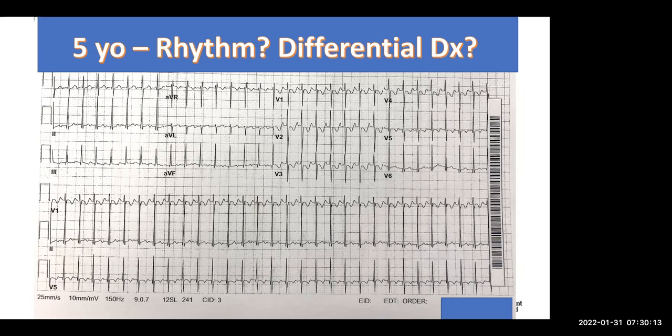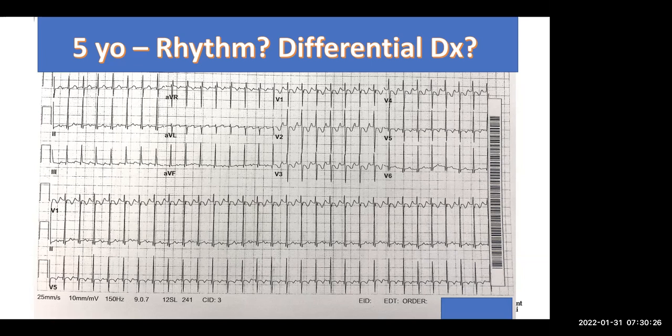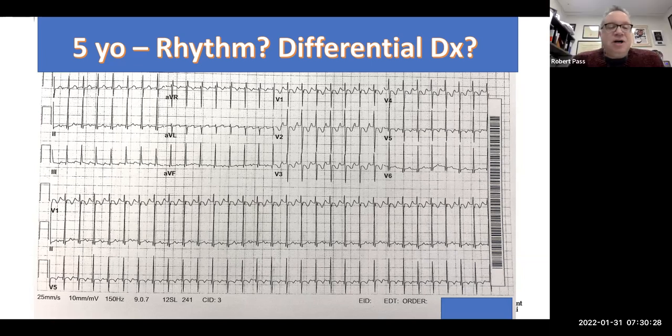Your AV node would block, so you would actually see more P waves. Right. So you would block the AV node and you would potentially see persistence of the atrial tachycardia. So your ventricular rate would fall transiently. Your atrial rate would potentially stay the same, right?